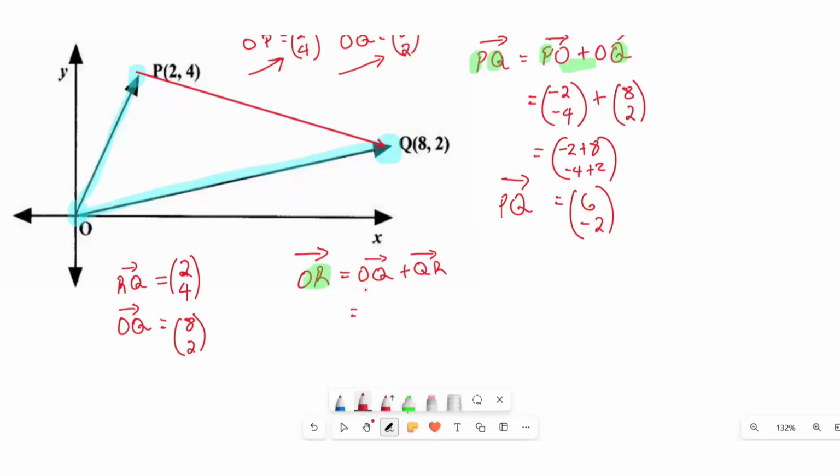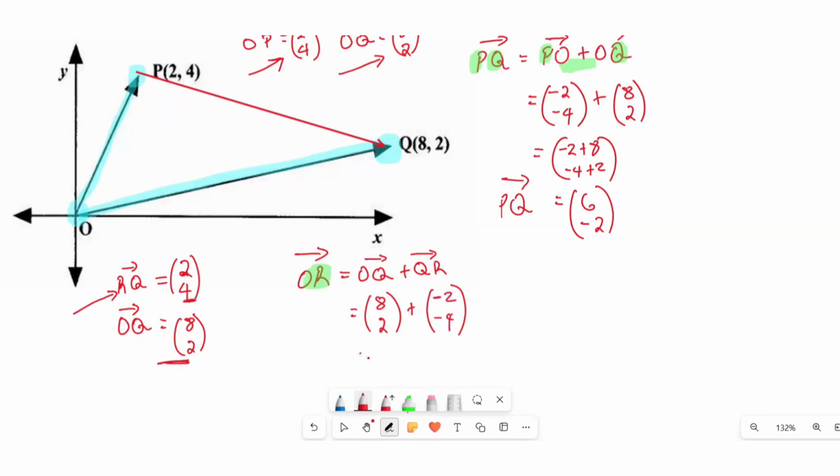So basically, OQ will be as is. It is 2, 8. It's the same direction and everything. Plus QR. Remember now, I got RQ, but I need QR. So it's the inverse. So it means my positive 2 becomes my negative 2. My positive 4 here becomes my negative 4.